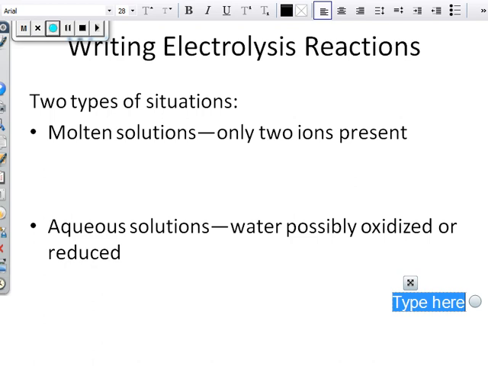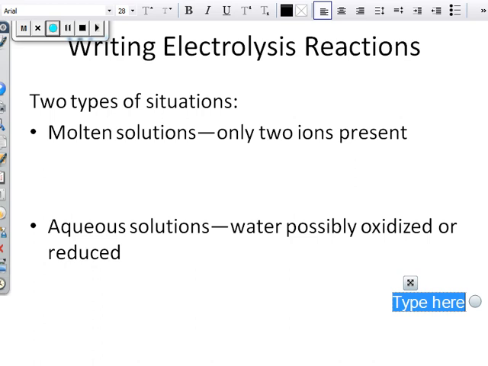When you're doing galvanic, think back to the bell ringer: how do you decide how to write your reaction? How do you decide which one flips? The one that's lower on the chart, right? Because if you flip the one that's higher, you'll end up with a negative voltage, but galvanic always has a positive voltage. Here it's the opposite, because electrolytic always has a negative voltage.